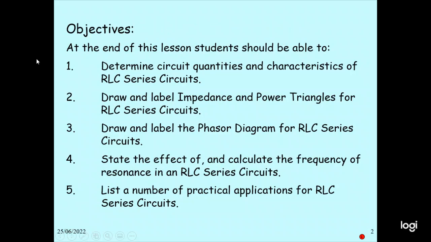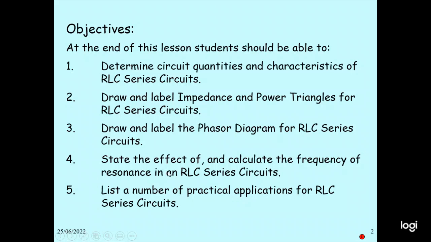At the end of this lesson, students should be able to determine the circuit quantities and characteristics of the RLC circuit, draw and label the impedance and power triangle for the RLC circuit, draw and label the phasor diagram for the RLC circuit, state the effect of and calculate the frequency of resonance in the RLC circuit. There are a number of practical applications for the RLC circuit.